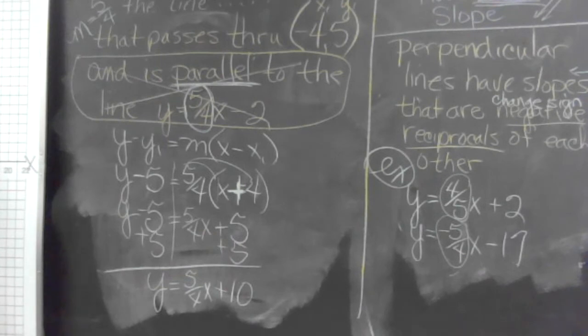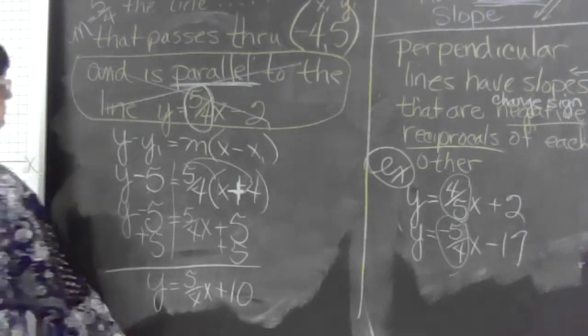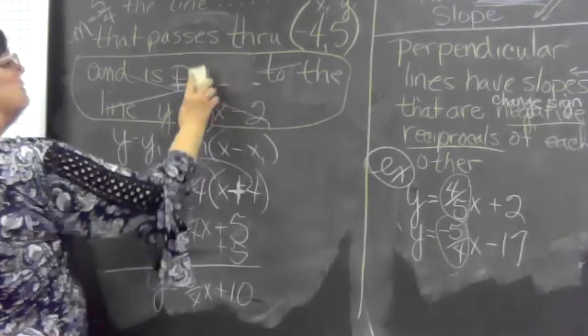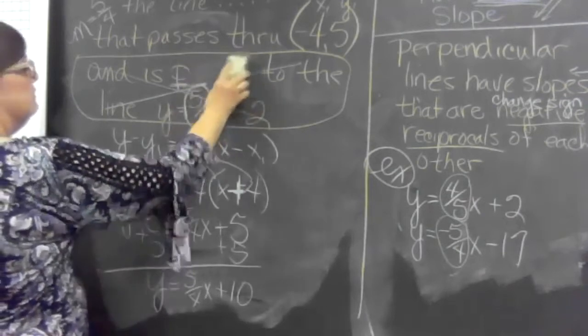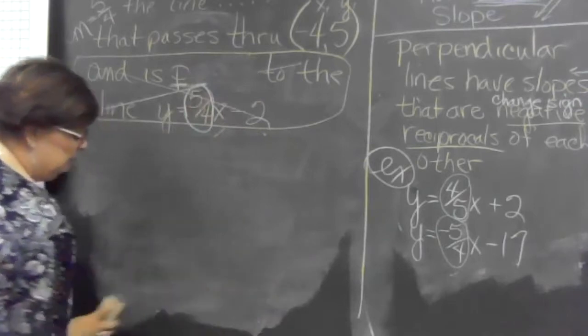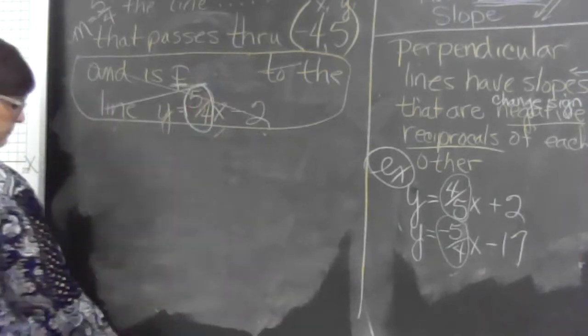Yes. Okay. So let's change one thing for your next example. I'm going to change one thing. Guess what it's going to be? The slope. Now this is a different problem.